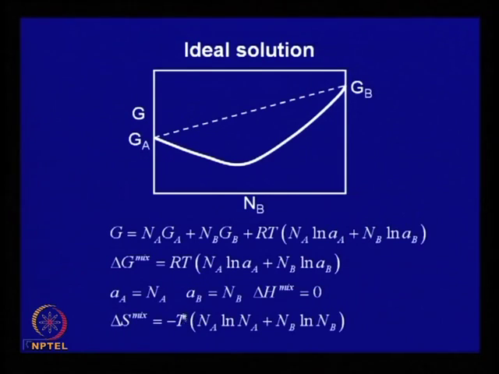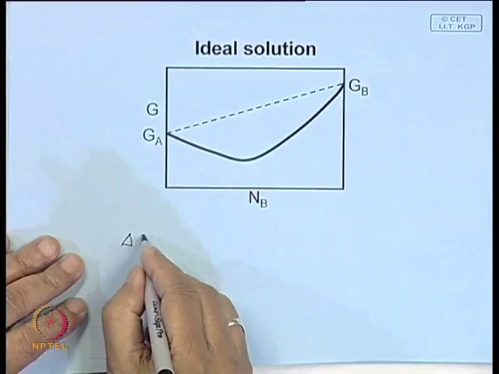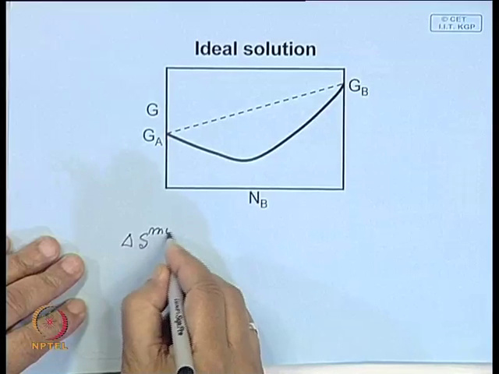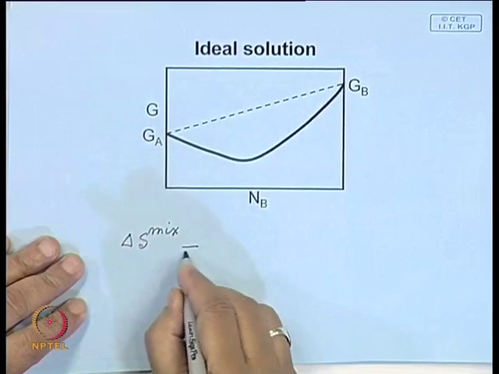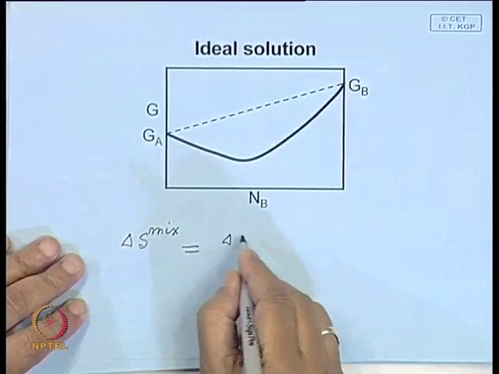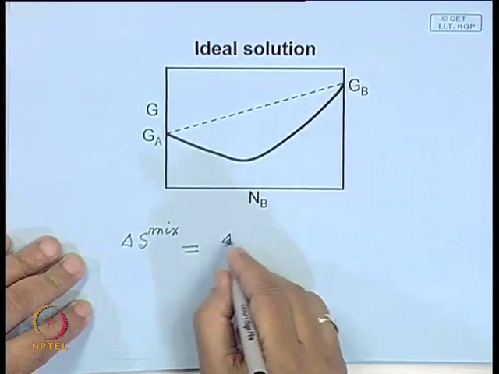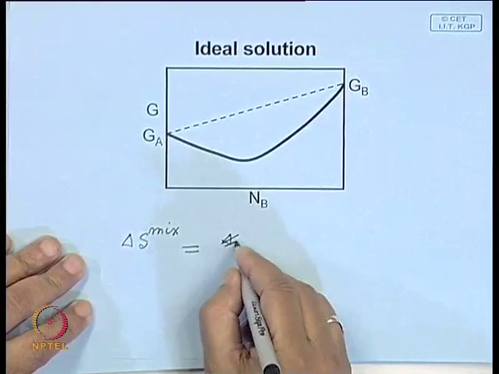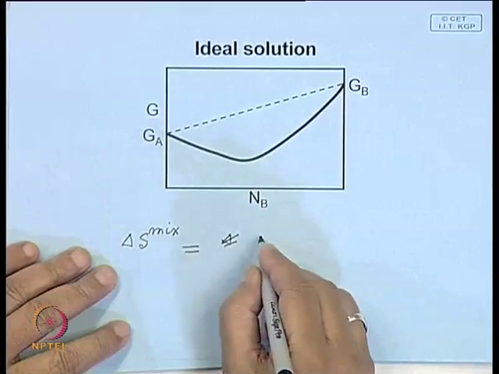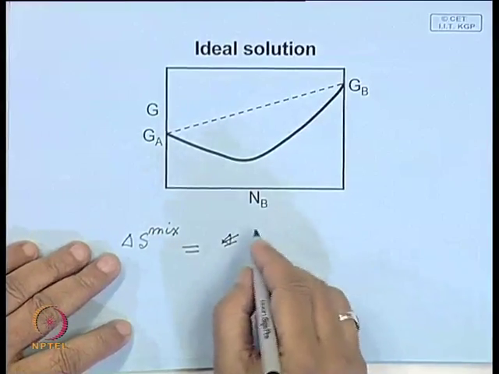I think there is a mistake here. It should be R, not T. So, delta H by T is actually entropy of mixing. Entropy of mixing, the dimension is heat.